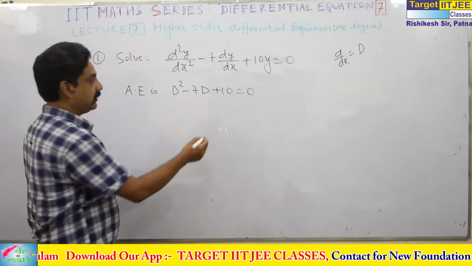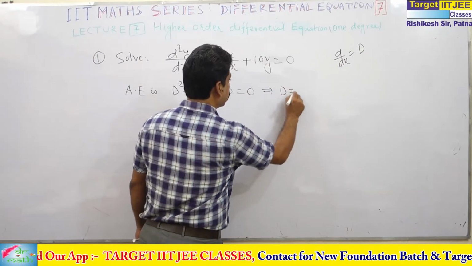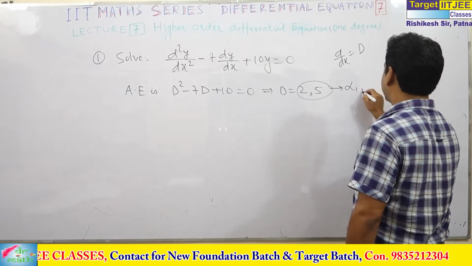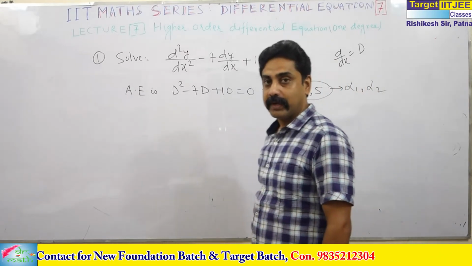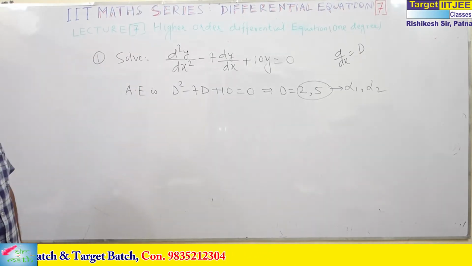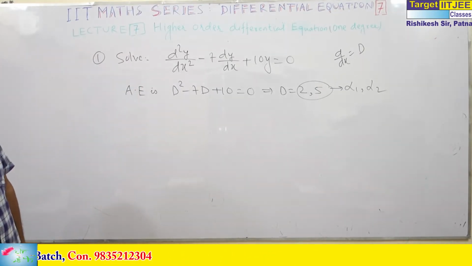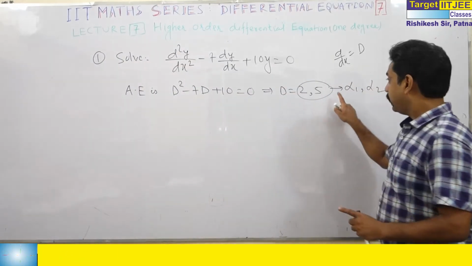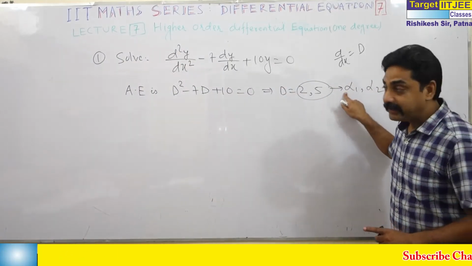If you solve it, easy, you can get d is equal to 2 and 5. Actually, this is our alpha 1 and alpha 2. Now you get it? Alpha 1, alpha 2, alpha 3 are roots of the auxiliary equation. What is its nature? Real and distinct.